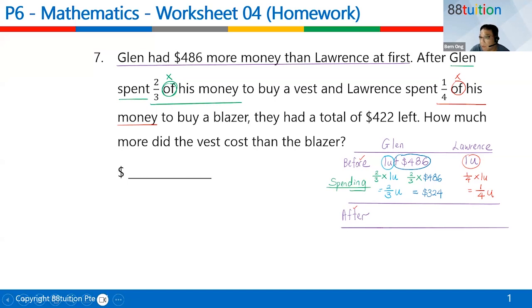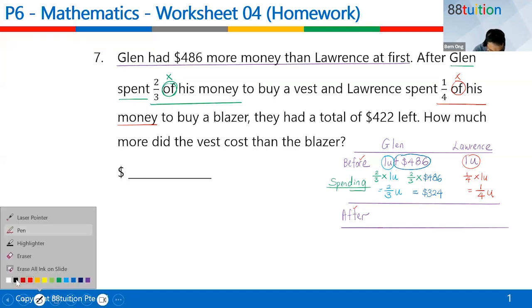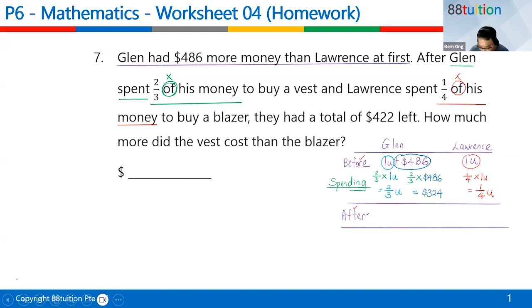What happened afterwards? You have to read properly. Look, children. Before, Glenn got 1 unit, he spent 2/3 unit. So what is left? He's left with 1/3 unit. Can you see or not? Before everything, Glenn got 1 unit down here.